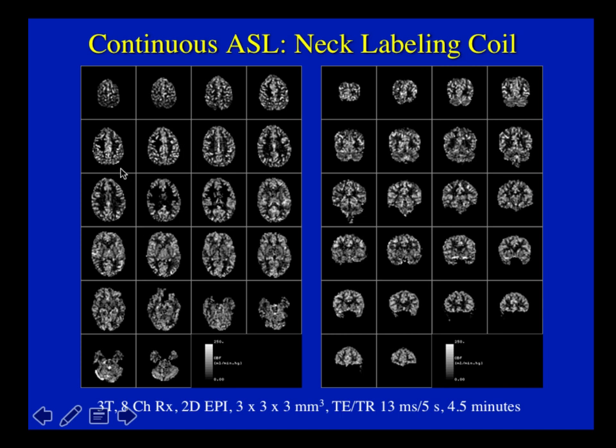Here again we see a good definition between gray and white matter blood flow, and you can see that the images can be acquired in any orientation. Here are the axial images on the left, and on the right you see the coronal images, and of course these have to be done as separate experiments, and each one of these data sets took about 4.5 minutes at 3 Tesla.